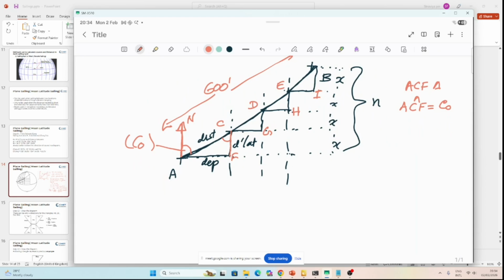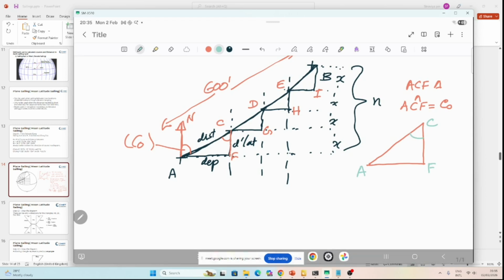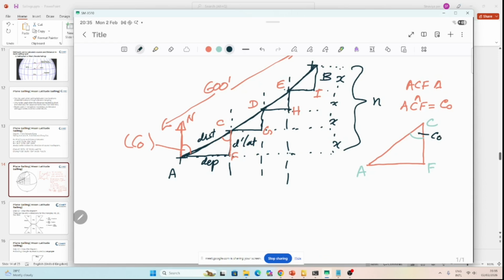So anyway, the ACF angle is cos. Now I will take the triangle out. This is A, this is C, this is F, and we show that this is the cos. This is the distance, this is the dlat, and this is the departure.